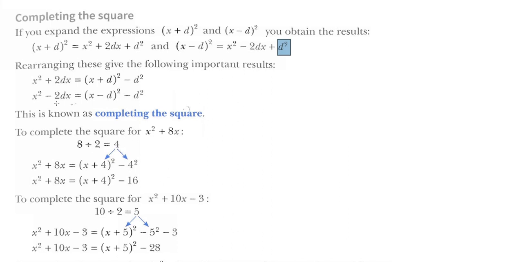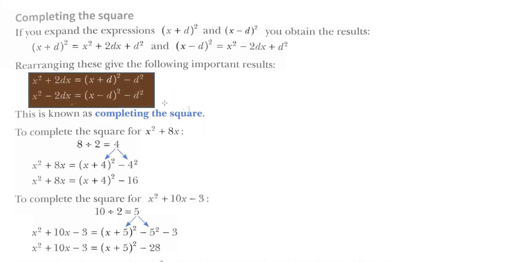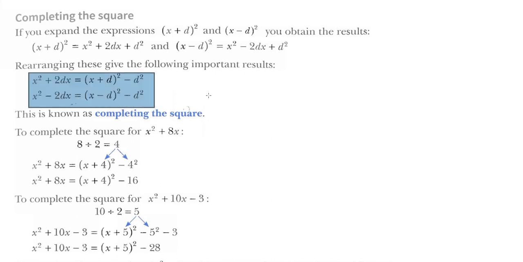These two results are very important for question number 2 and for those questions which require converting into completing the square. In both the relations, x square plus 2dx is equal to x plus d whole square minus d square, and x square minus 2dx is equal to x minus d whole square minus d square. This is known as completing the square.